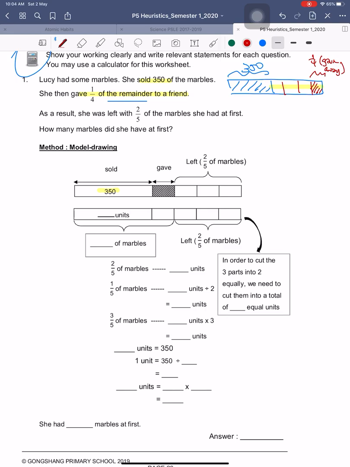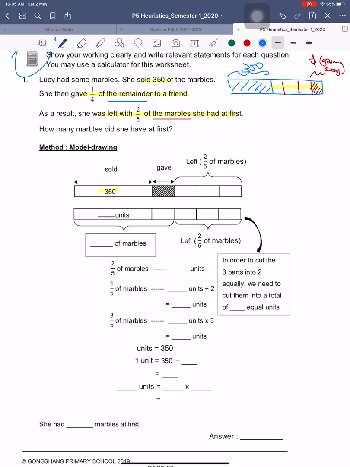Because of that, she had 2/5 of the marbles she had at first left. Now, this is the part that is a bit confusing for some of you.